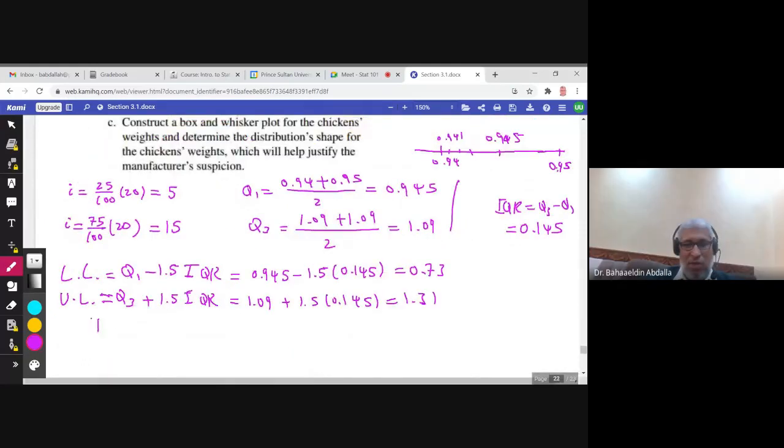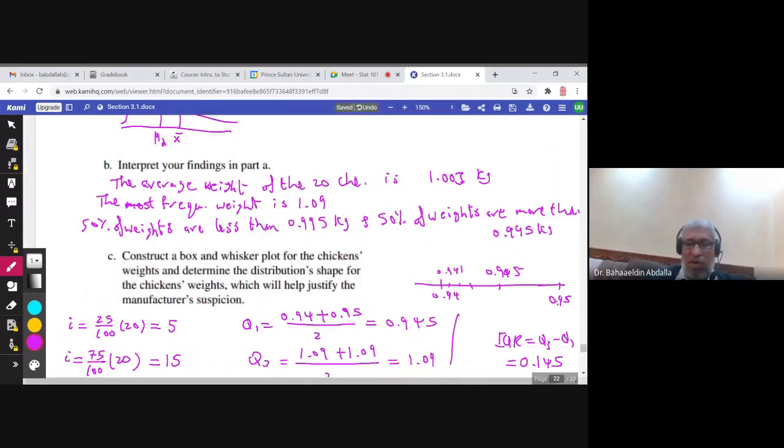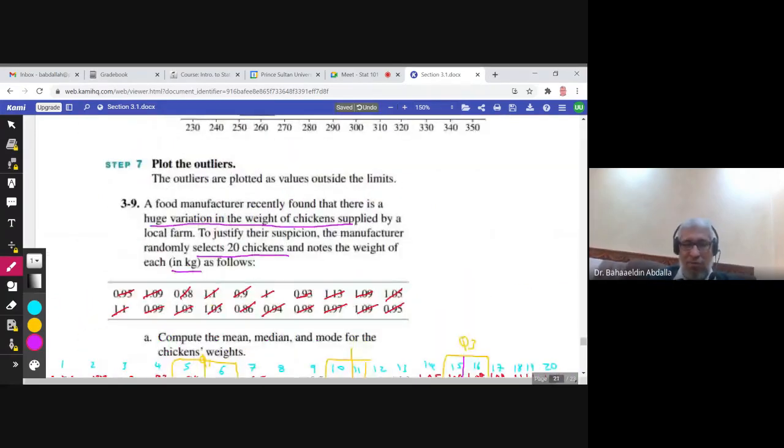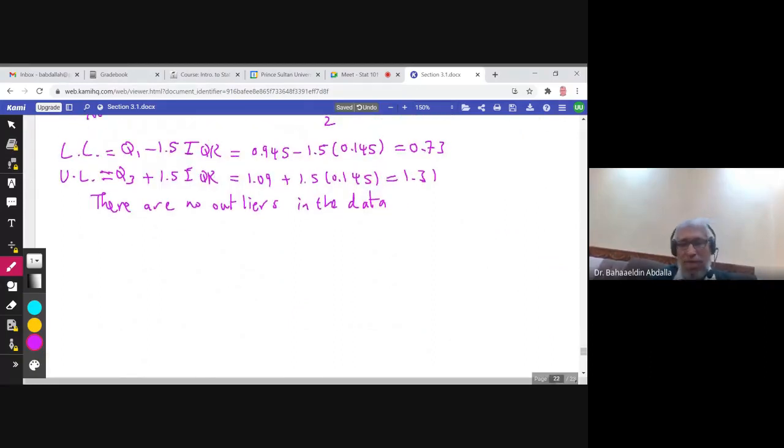So there are no outliers in the data. This means that all the weights of chicken are good, no outliers. So there is no need for suspicion.